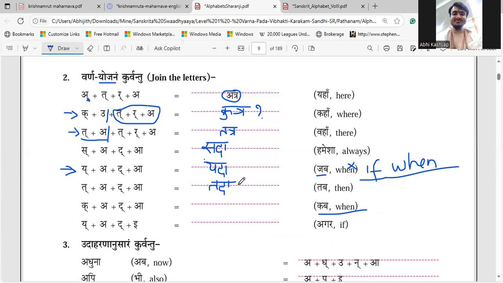In a sentence, we can use these as pairs while forming sentences. Yatha, tatha also, same. For sada, yada, tada, all three of them, we have one question. What is that question? Kada.